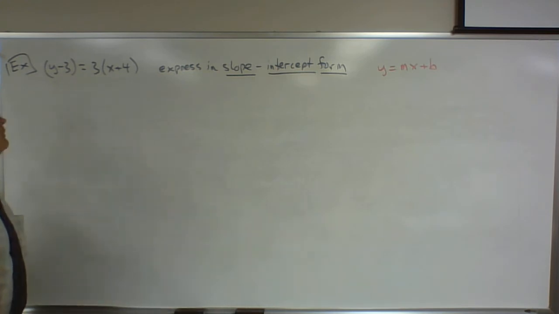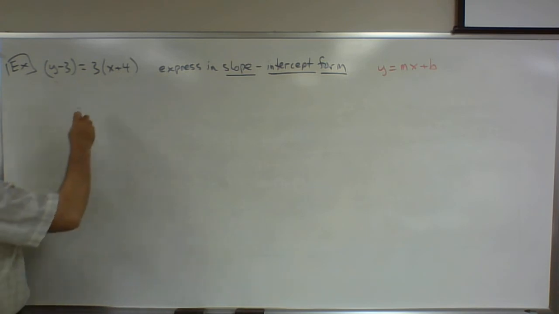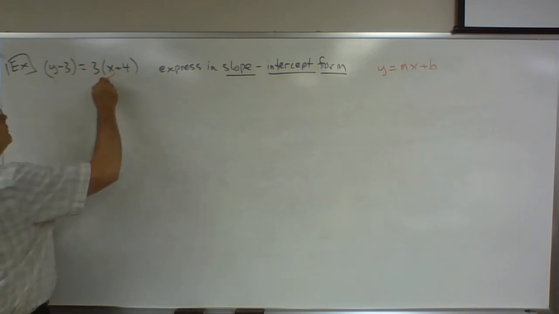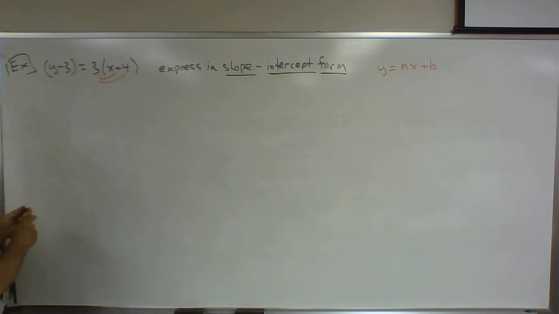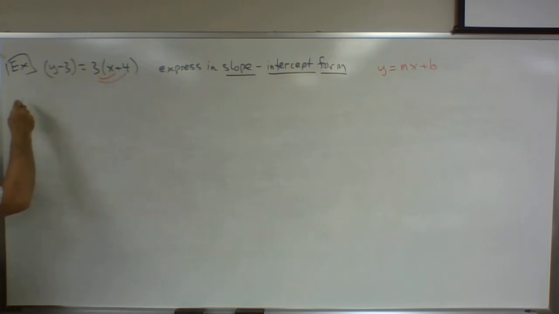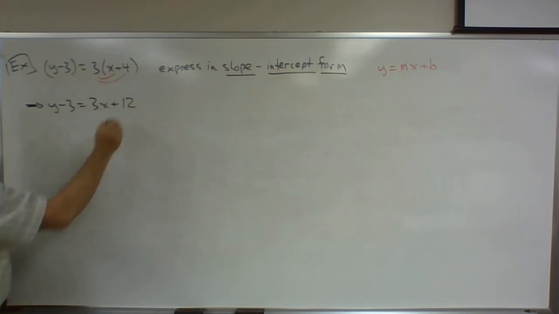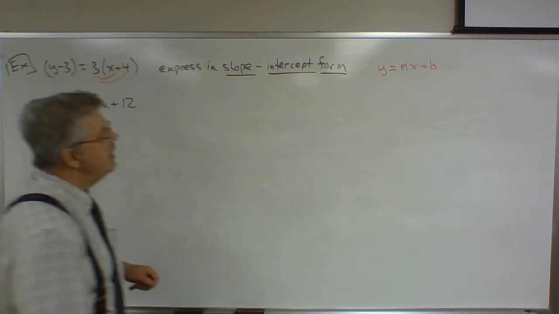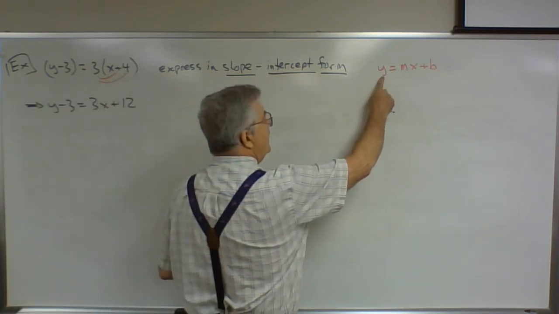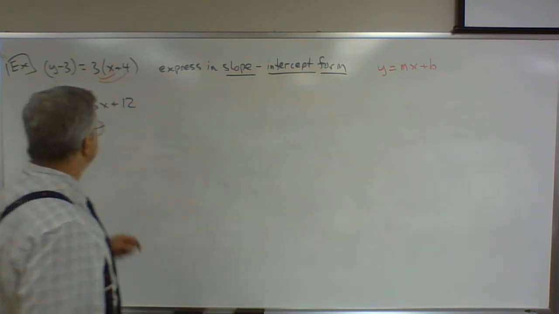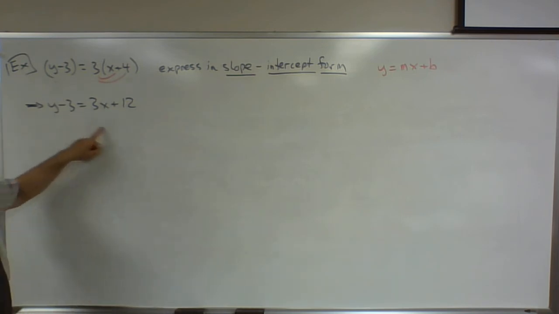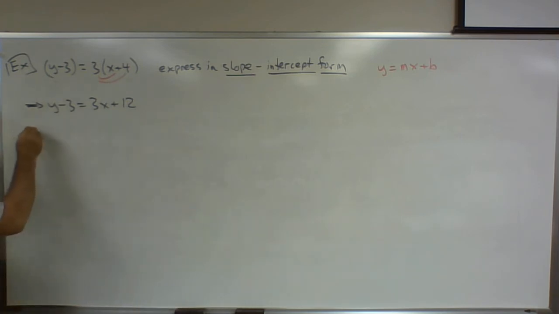So I guess the first thing I'll do is distribute the 3 inside the set of parentheses. And then I want to end up with y by itself on the left. So I'm going to move this 3 to the other side.